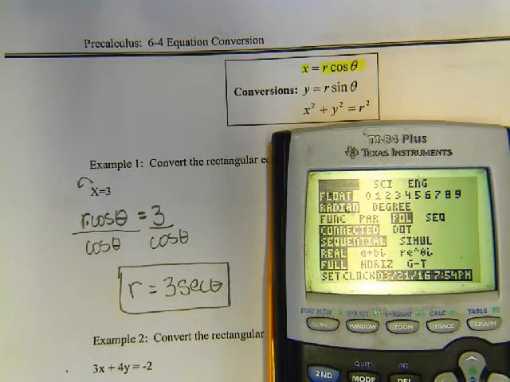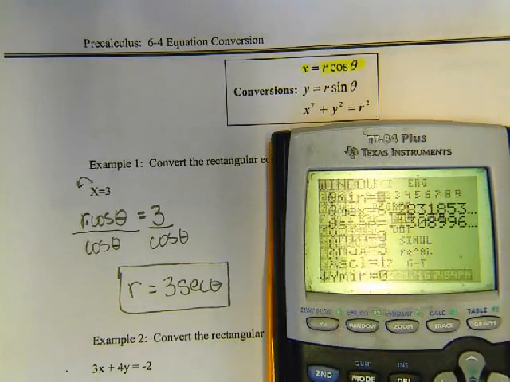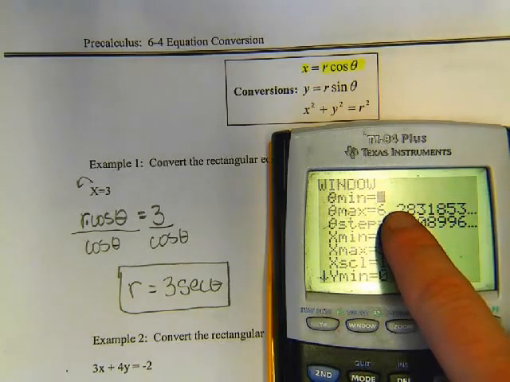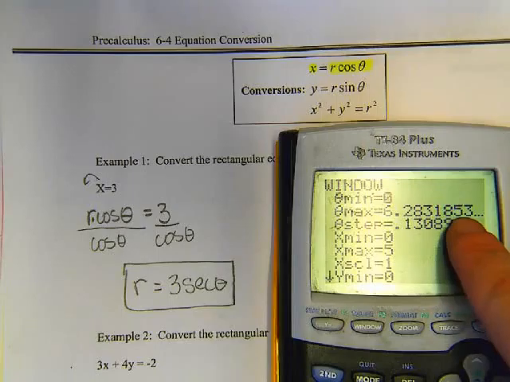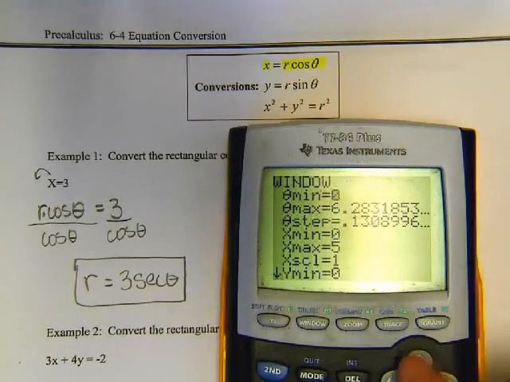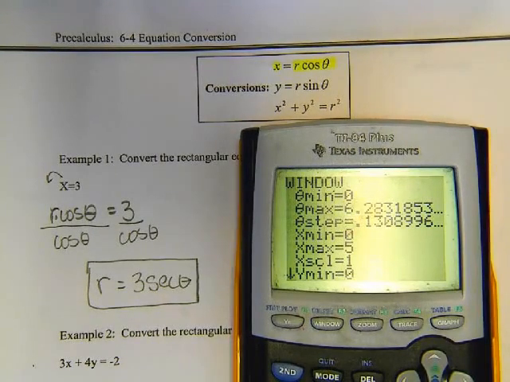All right, let's go to window. You can set up your theta. Why is it 6.2318? What did I put in there? 2 pi. And then let's do our x-min and x-max. Let's set it up like we normally would: negative 10 to 10 for the standard viewing window, and negative 10 to 10.